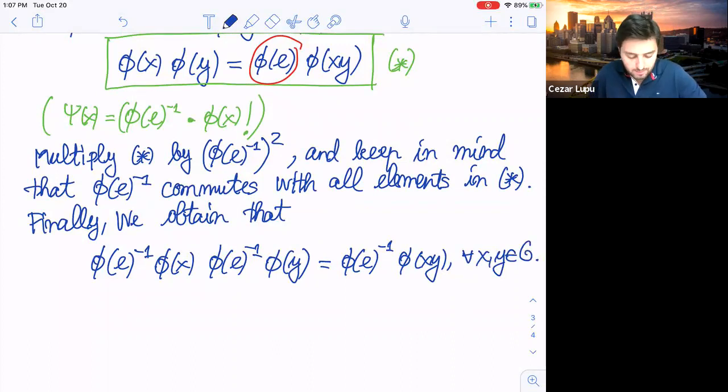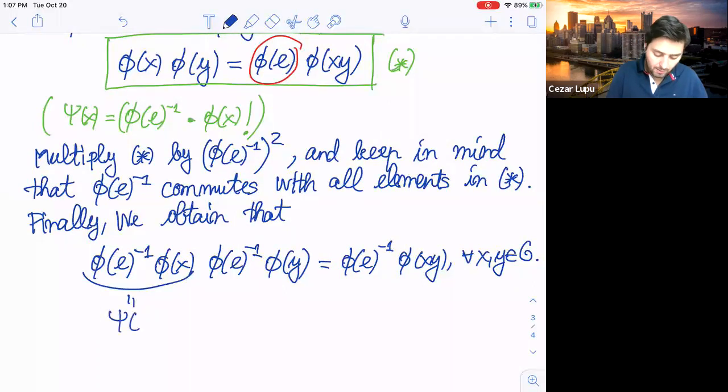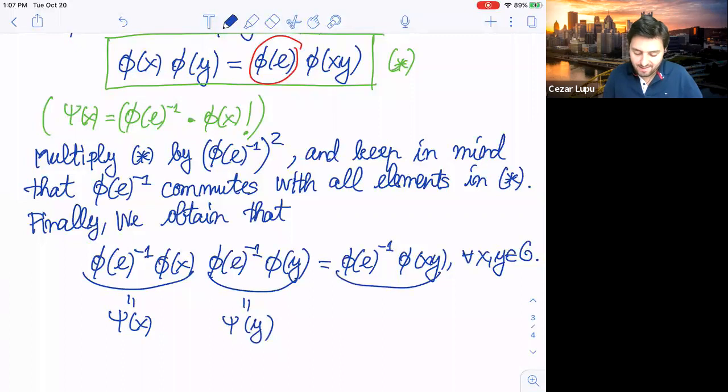Well, are we done? Who is this guy? It's psi of x. Who is this guy? Psi of y. Who is this guy? Psi of xy. Isn't it what we wanted to prove?